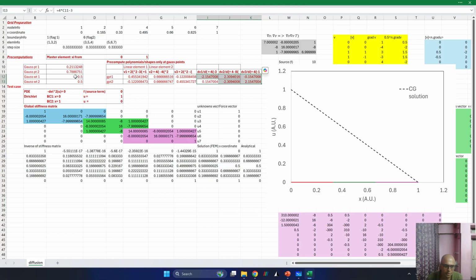We have our Gauss weights here, and finally let's look at this assembly, which is just grad V into grad V transpose, right? Let me assemble this once in front of you so that it's very easy to see.